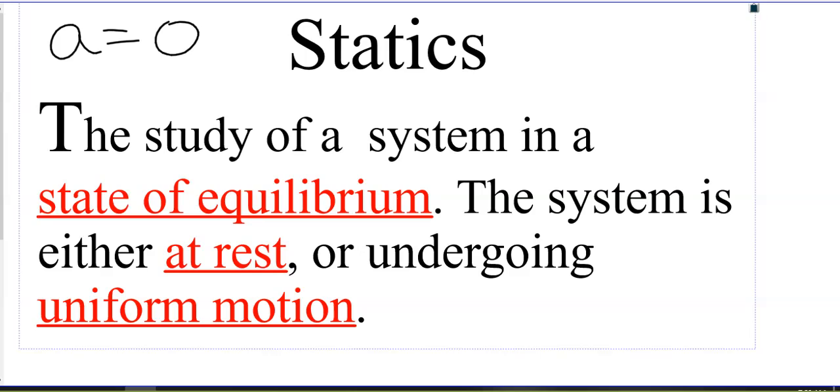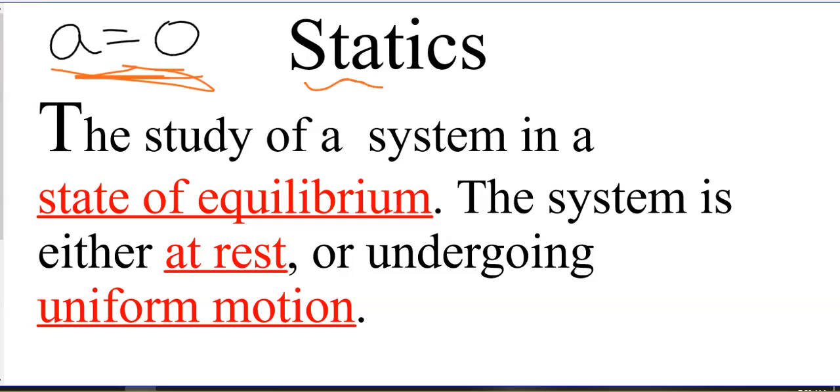It's just moving in a straight line with a steady speed, so no acceleration. That would be a steady state. So statics, just think of a sign hanging, for instance. That would be a static state. It's not moving, it's just suspended there, no acceleration. So we'll look at that situation in a lot more detail in a couple of different lessons coming up.